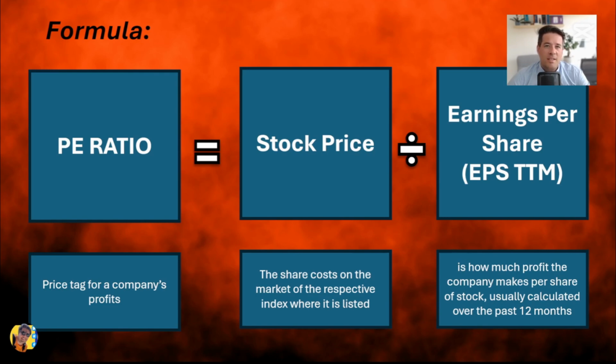It says EPS TTM: earnings per share over a period of 12 months, trailing 12 months, TTM. When you divide the stock price by the earnings per share, you get the PE ratio. And that's the formula.